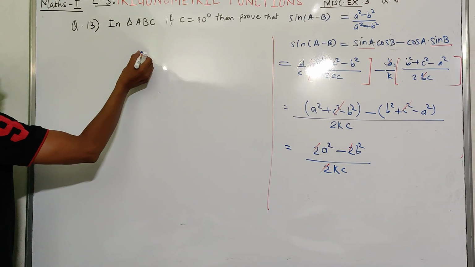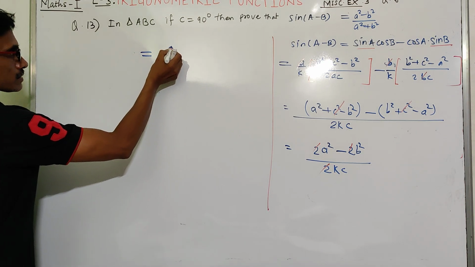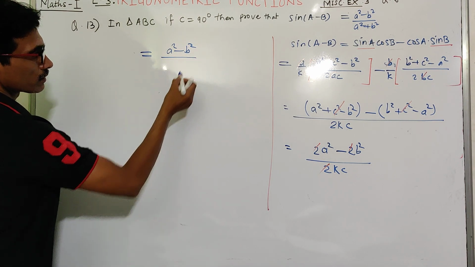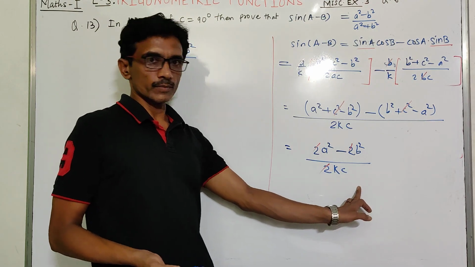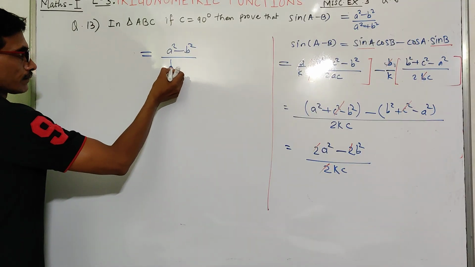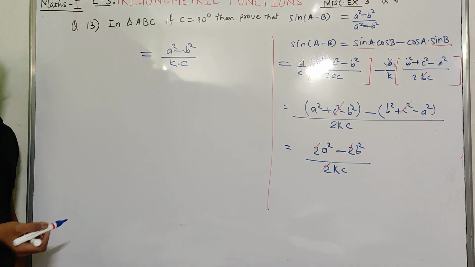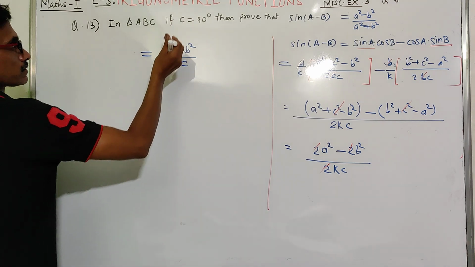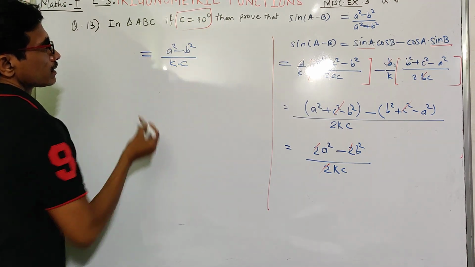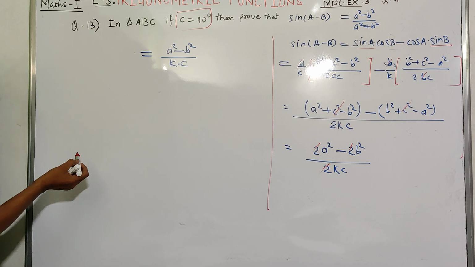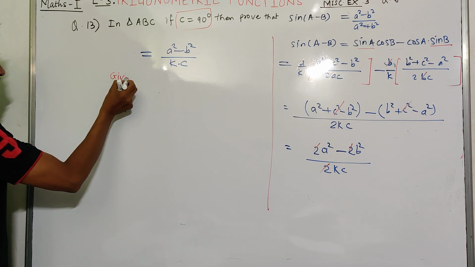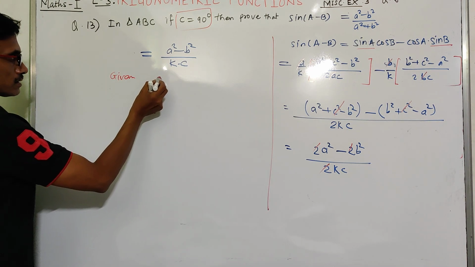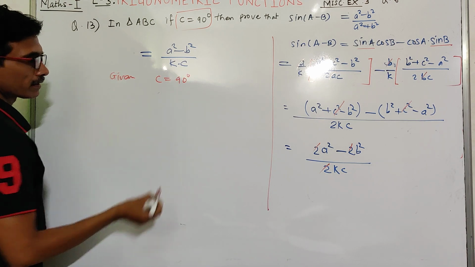See, this is equal to a square minus b square. Numerator, what we want, it is getting, but denominator is k into c. But what is given to us? Angle C is 90 degrees given. So we write here, given angle C is equal to 90 degrees in the right angle triangle.